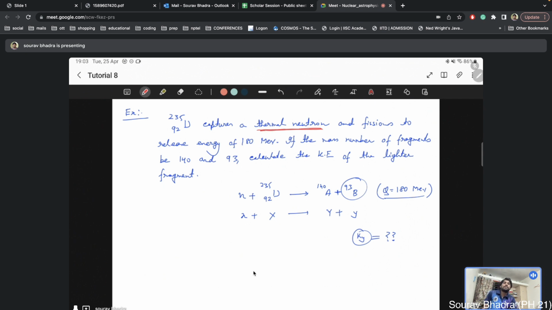Okay, and you have seen previously in your course that thermal neutron means those neutrons which have very little energy.